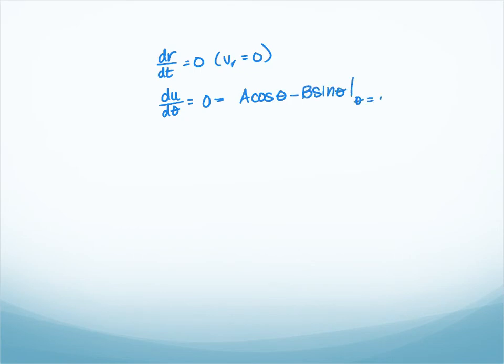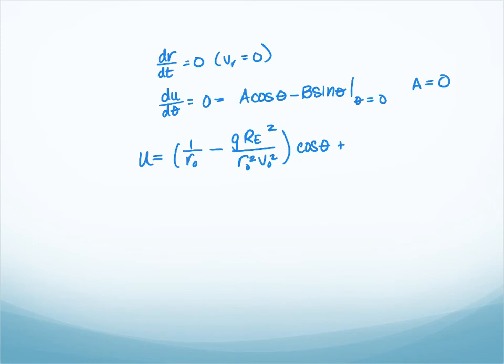Evaluated at theta equals 0, we would get A equal to 0. So basically this allows us to find A and B using initial conditions. So our equation for our solution is going to be this, 1 over r naught. So this is our B, times the cosine of theta plus the constant.